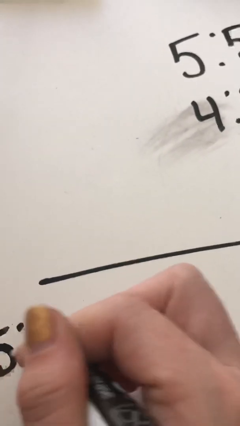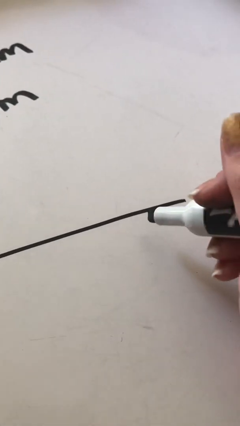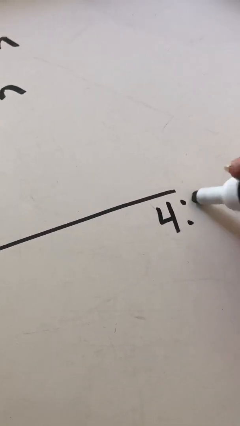Got a big long line. My starting time will go at the beginning of the line, 5:56. My end time will go over here, 4:29. Okay.